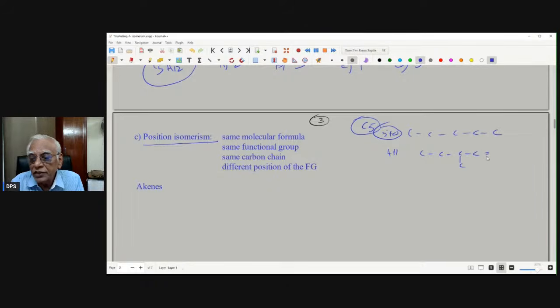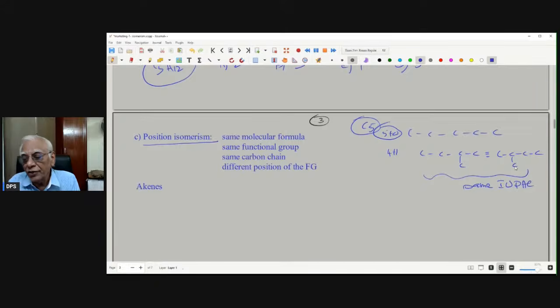Please note that this particular skeleton is equal to this one, because they have the same IUPAC name. They are one and the same structure. If you put this methyl on butane, it is 2-methyl butane.